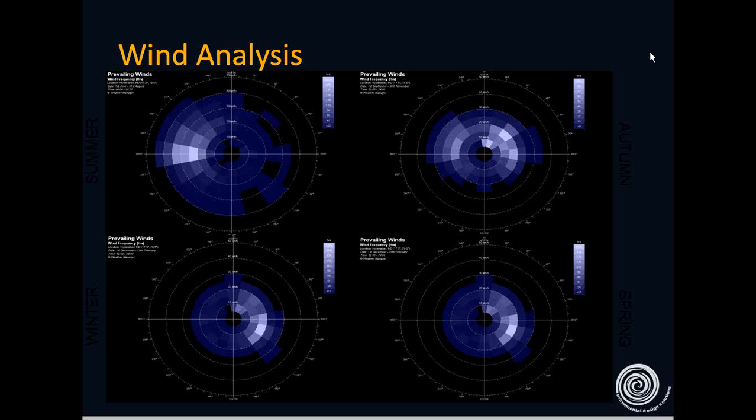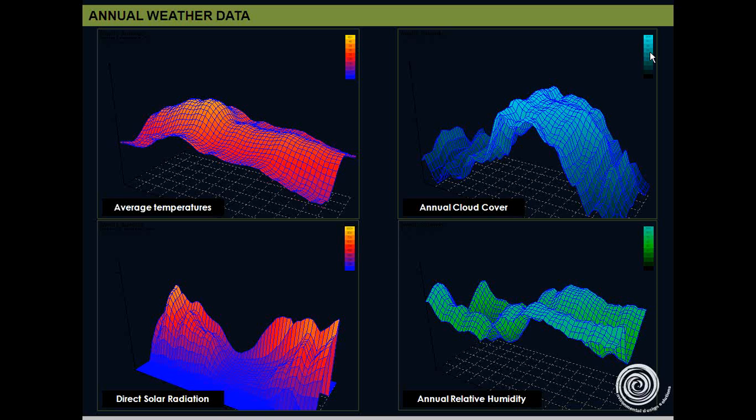There is weather data available for 2100 locations, and this weather data has 24 by 365 data for dry bulb, wet bulb, direct radiation, diffuse radiation, cloud cover, and wind speed. So you can analyze this data and find out the temperatures, the cloud cover, radiation, and humidity.